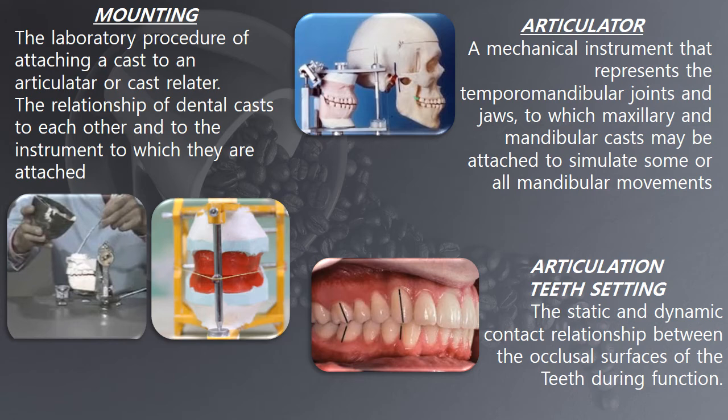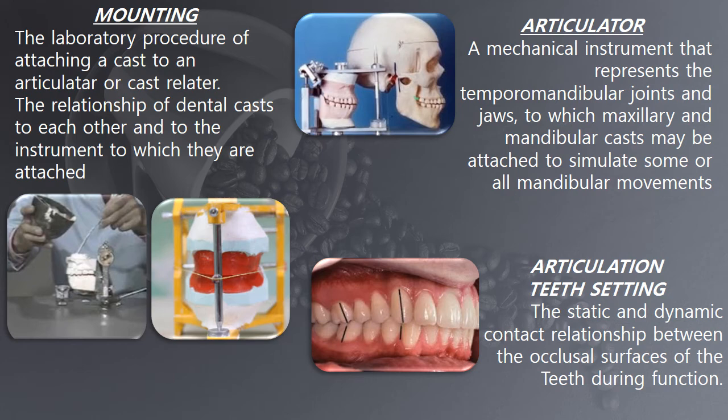Now once the articulation is done and models are sealed in the articulator with a gypsum product or plaster, then teeth setting will be performed. The teeth setting or the articulation is defined as the static and dynamic contact relationship between the occlusal surfaces of the teeth during function.